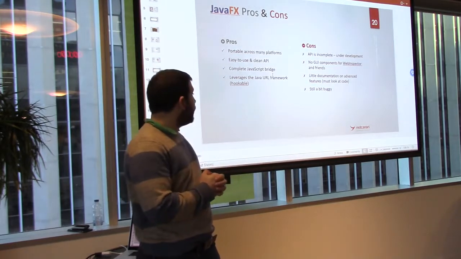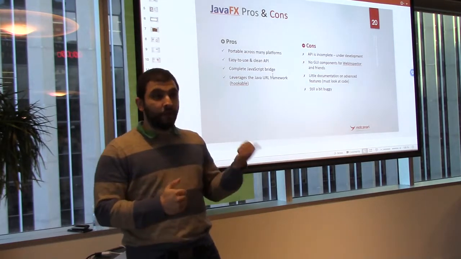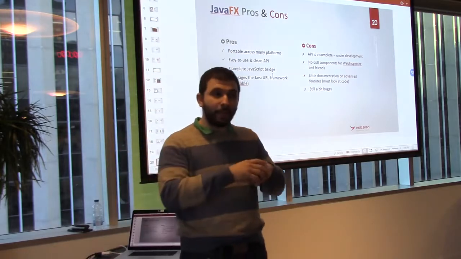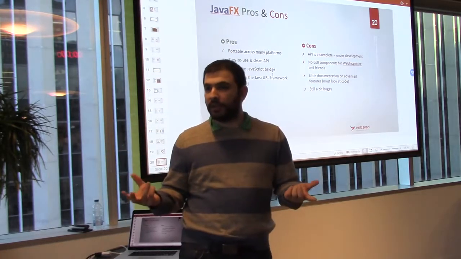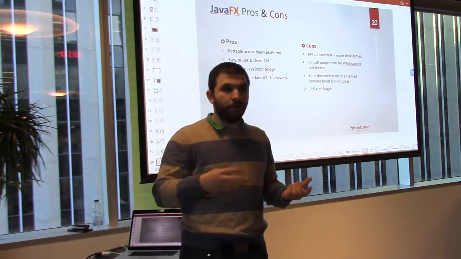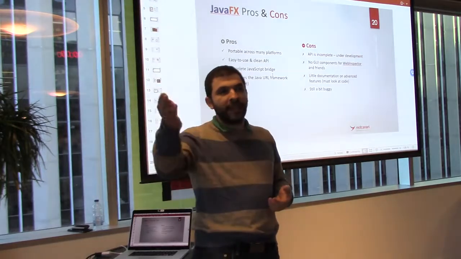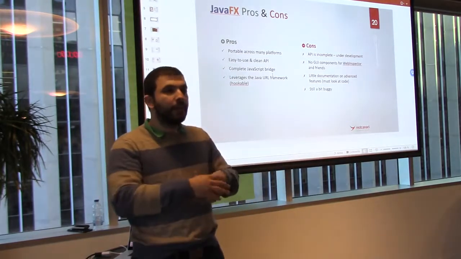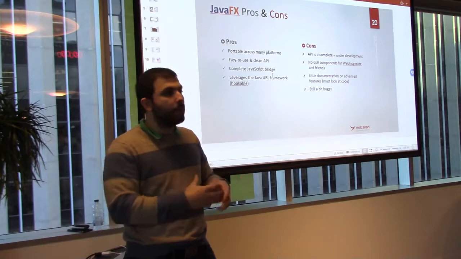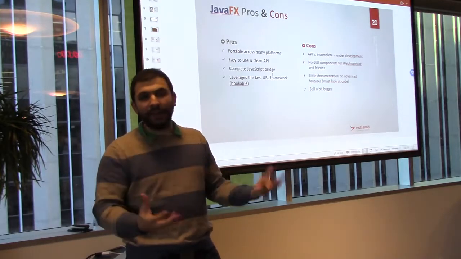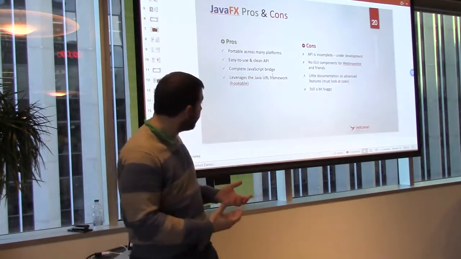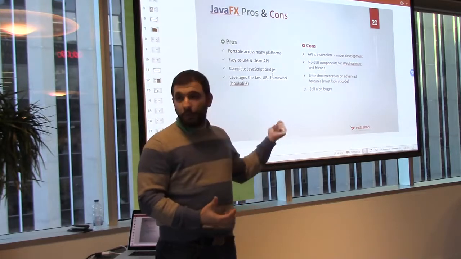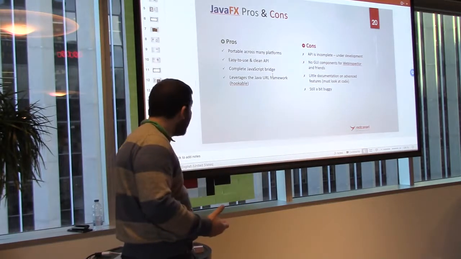It leverages the Java URL framework, which means that it's hookable, which means that you can implement any kind of protocol you want, and it will go through. So let's say you called it foo:// that's your scheme. You can implement any scheme you want and make it perform any kind of action based on that scheme. So that's something that was really important when I was building this, and I'll show you why.